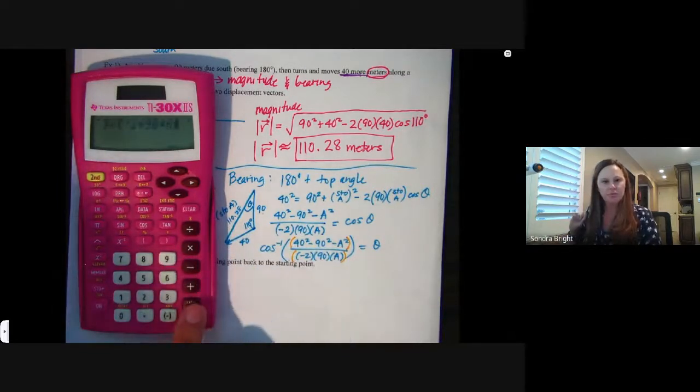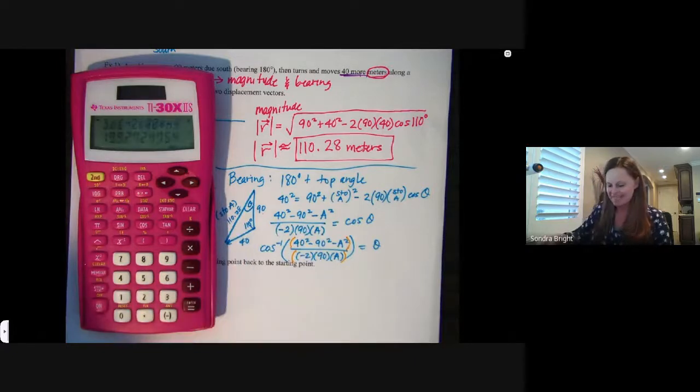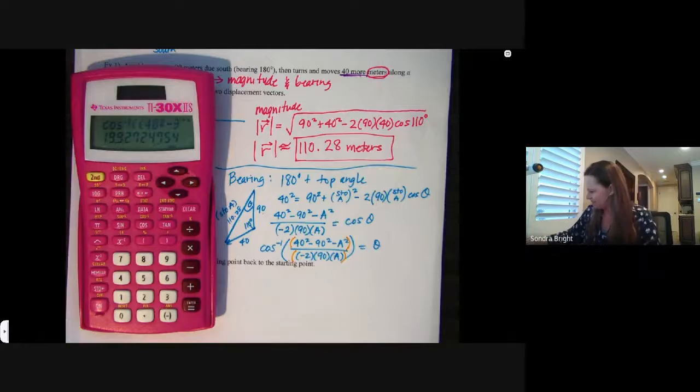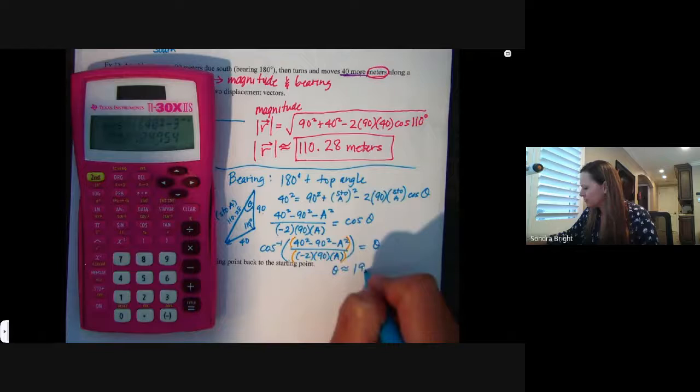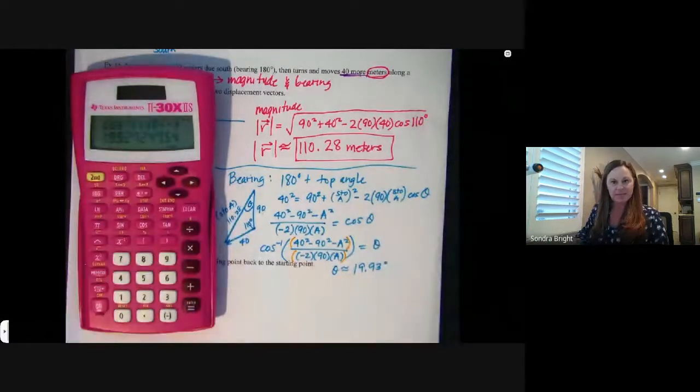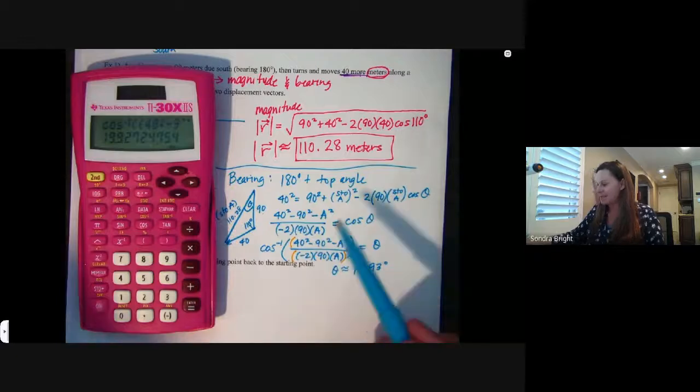So theta is about 19.93 degrees. But that's not your bearing. Remember, the bearing was 180 plus that top angle.